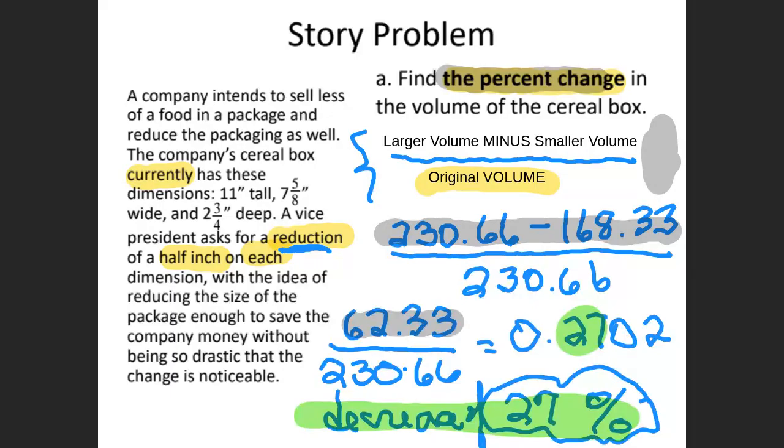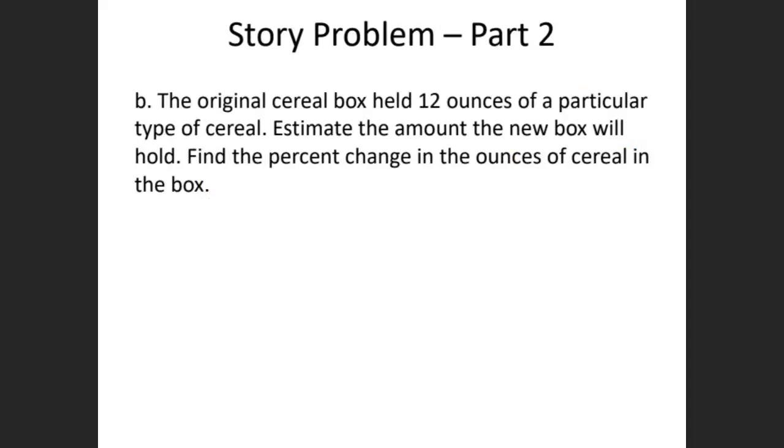Then we get the decimal, 0.2702. But 11 is a 2-digit number, so my percent will be a 2-digit number. Any questions, Rocky? No, thank you so much. I got it. Oh, anytime. Well, now we go to part B.